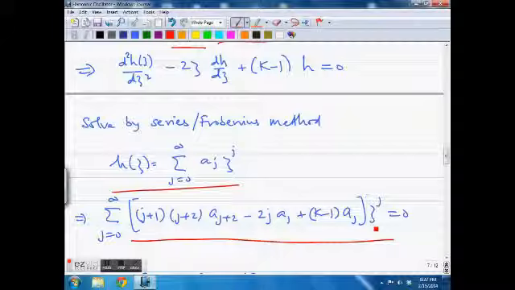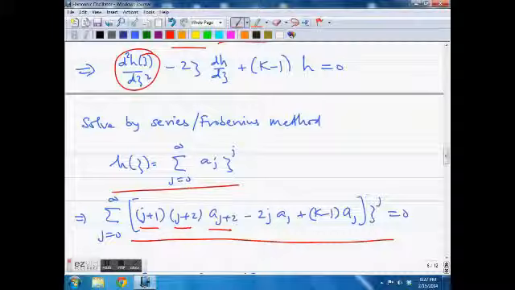So there is a term multiplying xi to the j, which is j plus 1 times j plus 2 times a_{j+2}. Okay, so how did that happen? Well, if I go back up here and look at the first term, I take two derivatives of the series for h, and what that means is that the starting series has a term which needs to be 2 more than the term with which I want to end up.